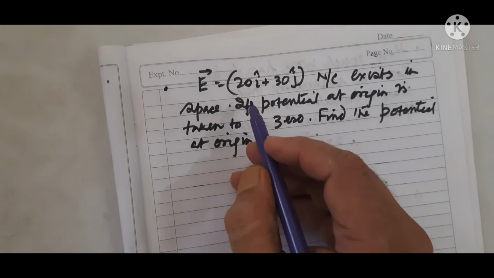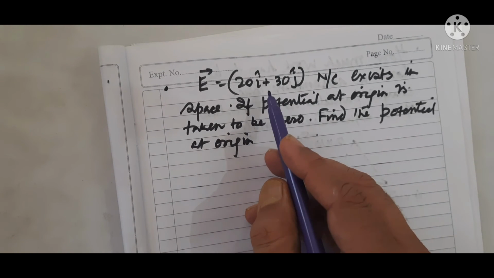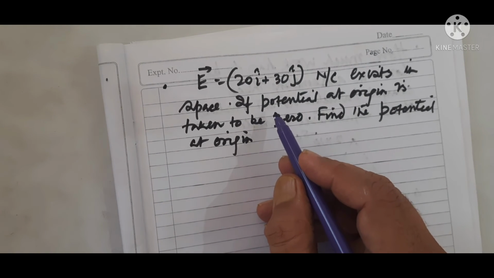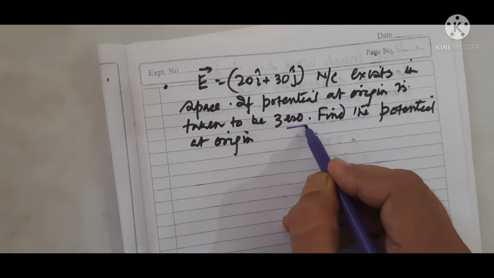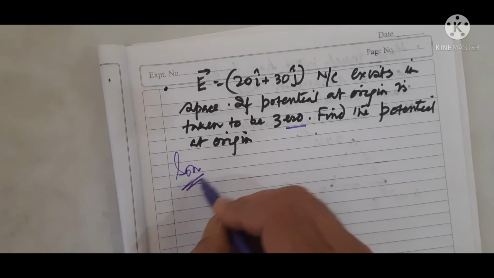If the electric field intensity is E = 20i + 30j newton per coulomb in a space, and the potential at the origin is taken to be 0, find the potential at the point (2 meter, 2 meter). How are we going to solve it?